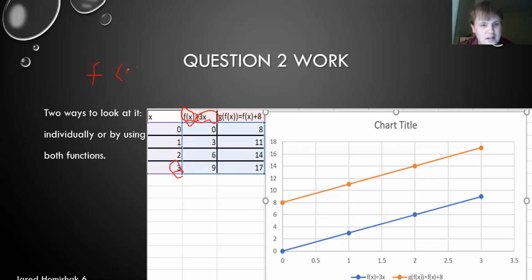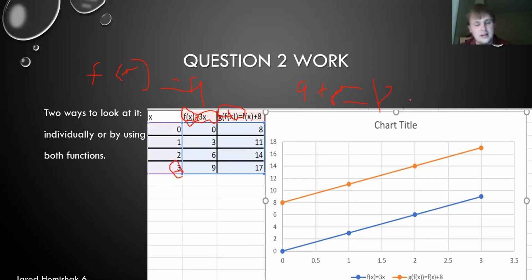f of x equals 9. Now, we know that. We can just plug that in where f of x is, in g of f of x. So this now becomes f of x, which we now know is 9, and then 9 plus 8 is equal to 17.